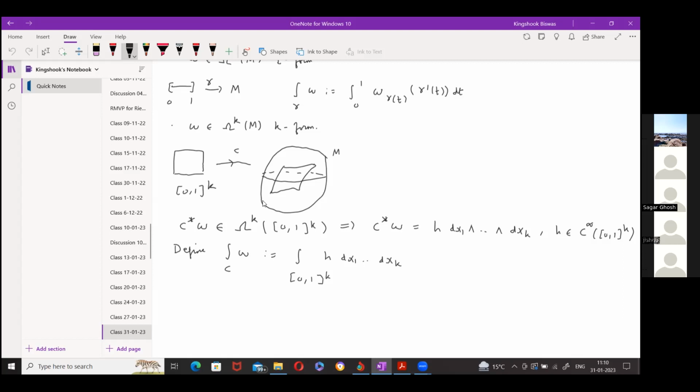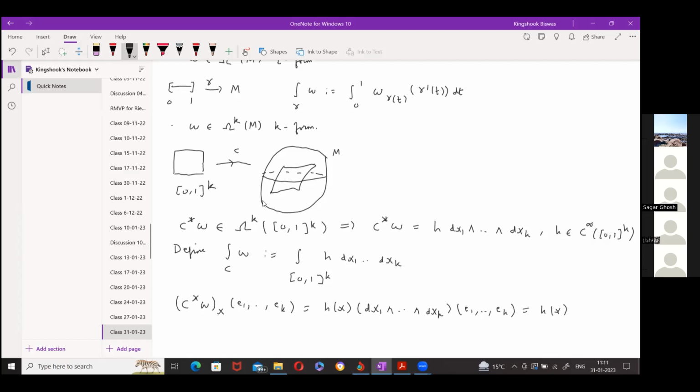So we get that c star omega at a point x in the unit cube applied to E1 to Ek is equal to h of x times dx1 wedge dxk applied to E1 to Ek, and dx1 wedge dxk applied to E1 to Ek is just 1, so this becomes h of x.